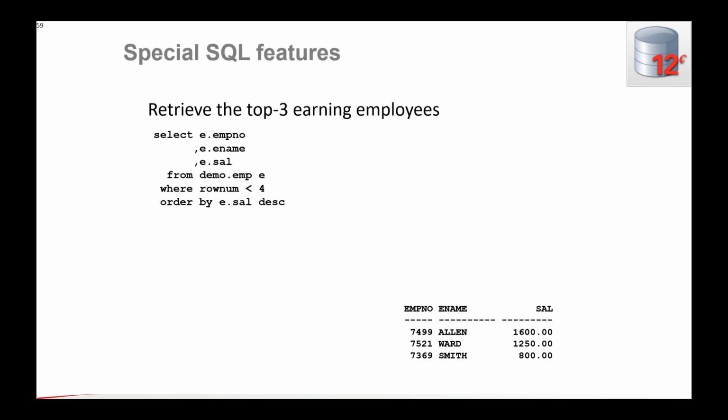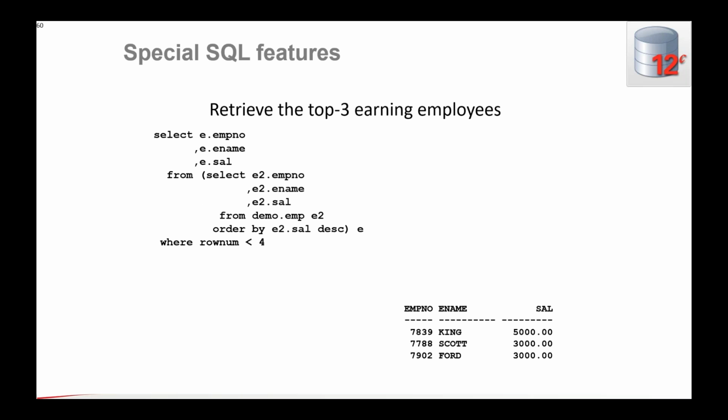So I'm just selecting 3 rows and doing an order by on them. What you would have to do is create an ordered list of the employees and then select the top 3 of those. That's how we do it at this moment.